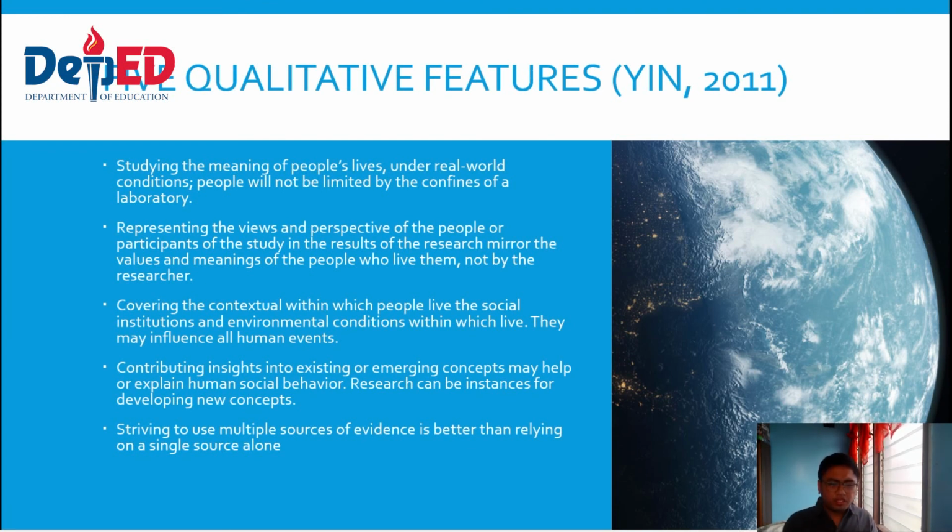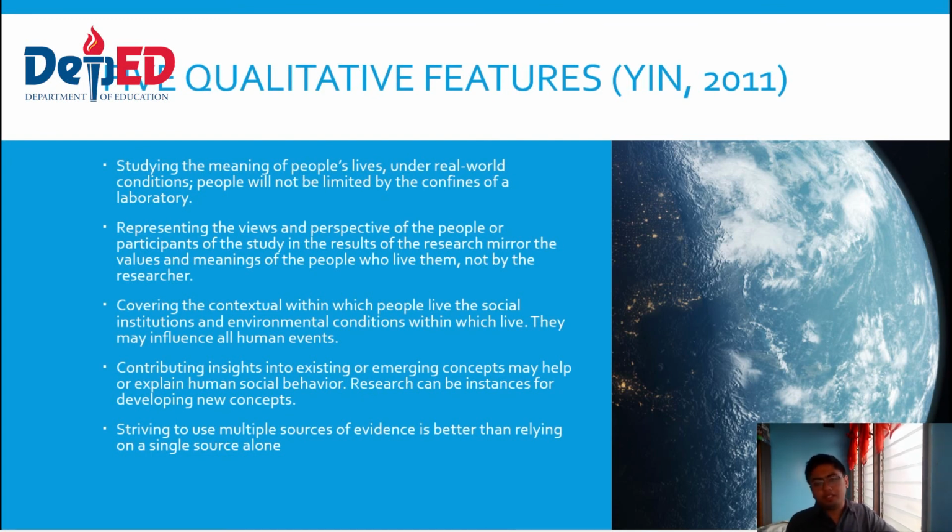Third, covering the contextual conditions within which people live, the social institution and environmental conditions within which they live, they may influence all human events. Let's say, for example, sabi mo is, mahirap sa senior high school. Mahirap ang mag-aral ng senior high school. Yet, you are focusing on public school.